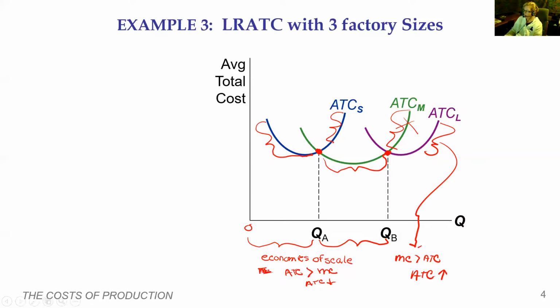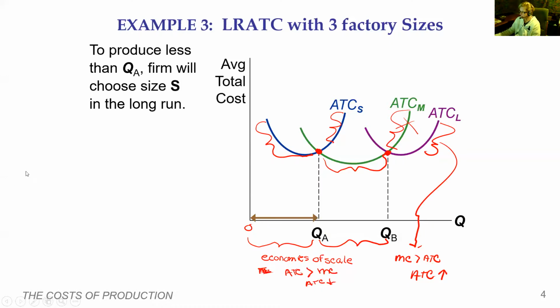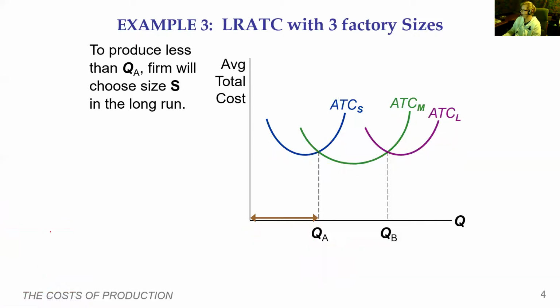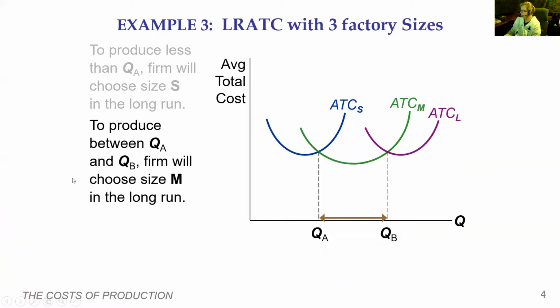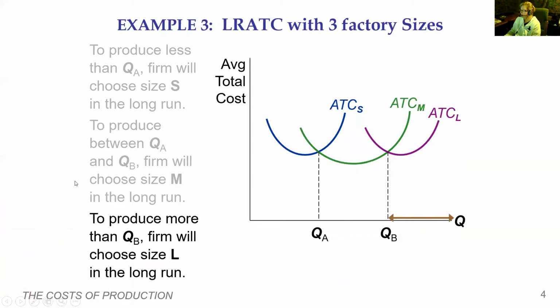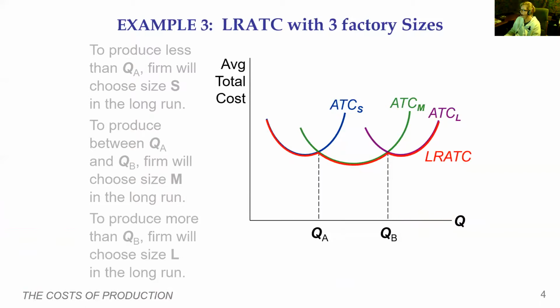Okay, let me go ahead and erase all the ink I have on this slide to just make sure you all understand it. So why do we change factory sizes when we change factory sizes? It's because we want to reap economies of scale. Notice if we take all the portions of economies of scale, we'll end up with a long run average total cost curve.